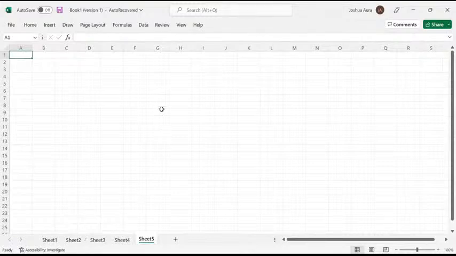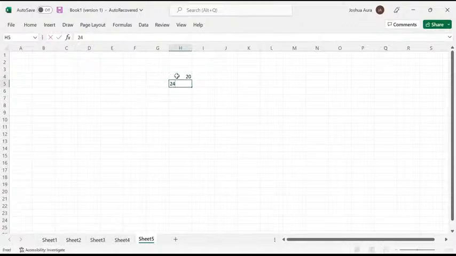So a quick recap, ladies and gentlemen. Excel, as I keep telling you, is a very user-friendly software. If, for example, you are given values here like 30 or 20, doesn't matter, 24, 35, whatever.